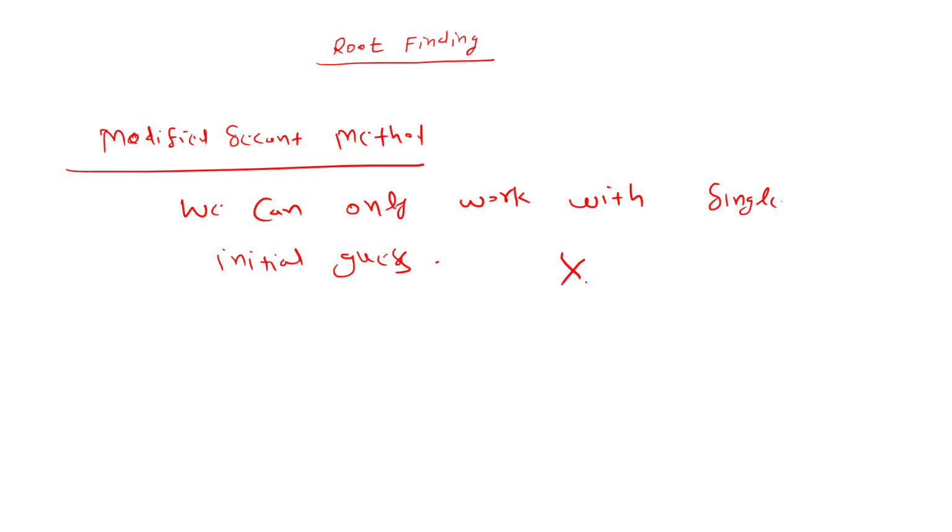So suppose xi is the guess, and we can take delta x, that is a very small number, that is the perturbation. So we will calculate f prime xi using f of xi plus delta xi, and this delta xi might vary with iteration, or it might be constant with iteration. We can control this delta value. So suppose the value has reached 10 to the power minus 4 in the iteration and I am still using a delta of 10 to the power minus 2, then there is no point in doing that.